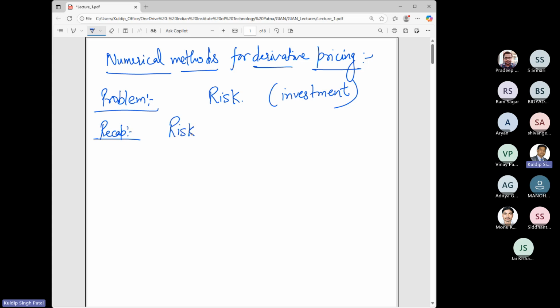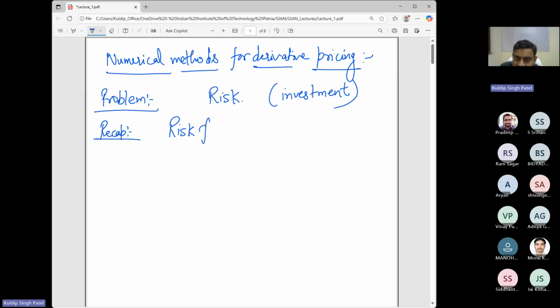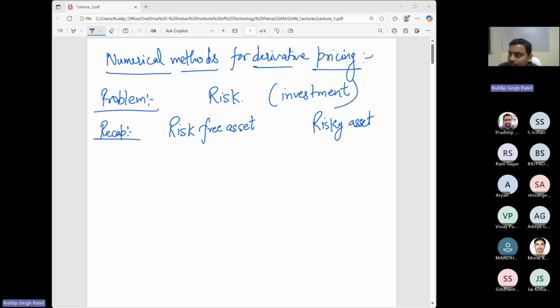I am not sure whether you are aware of it or not. One is risk-free assets and one is risky assets, right? Can anyone from the participants quickly tell me if you understand what a risky asset and a risk-free asset are?